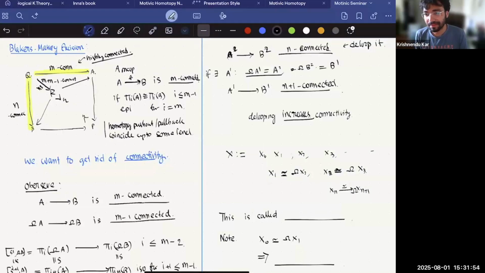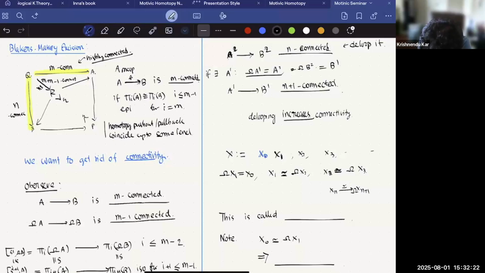Does it make sense so far? So this is what we are doing. We are starting with a base space X0, and our next space X1 is the delooping of the space X0. That means the loop space of X1 is X0, and so on and so forth.